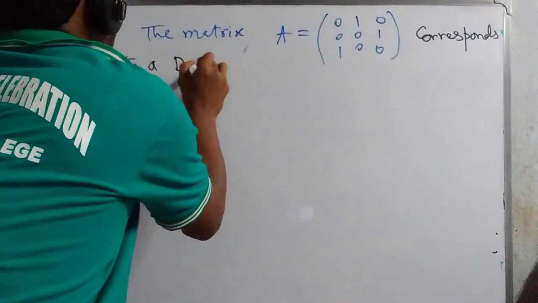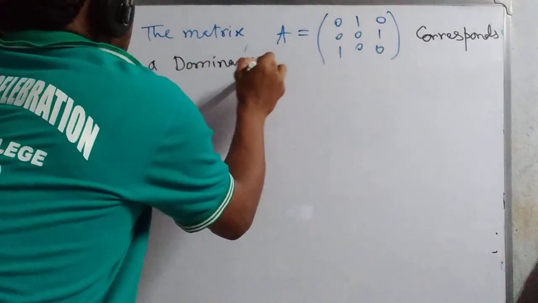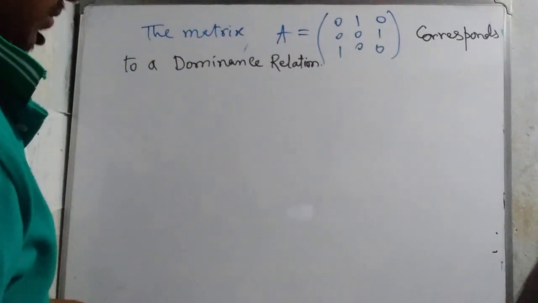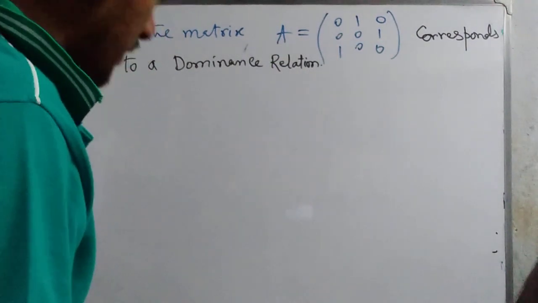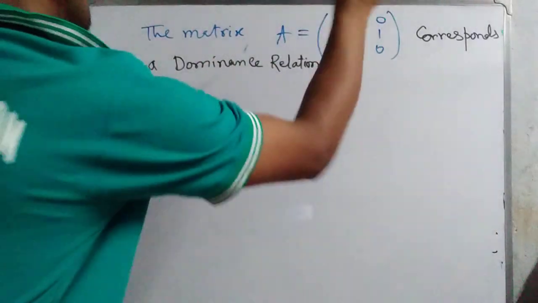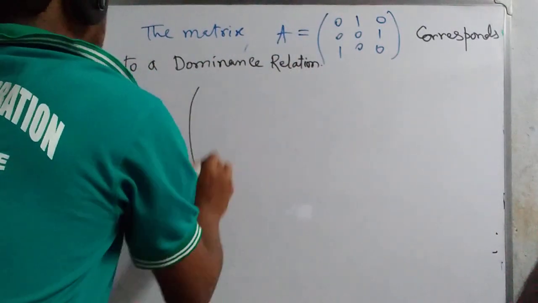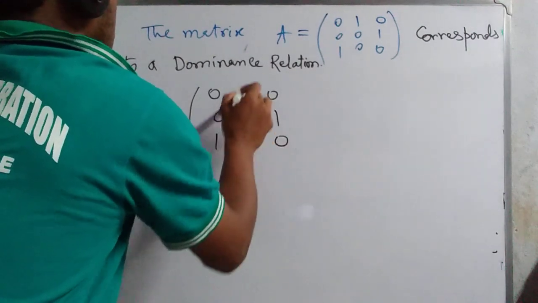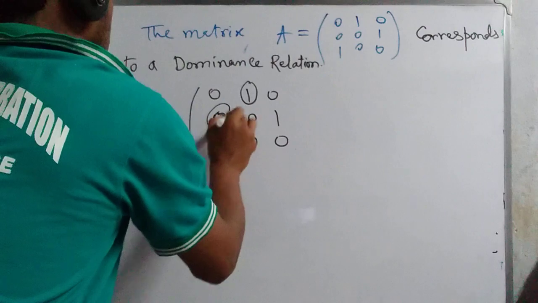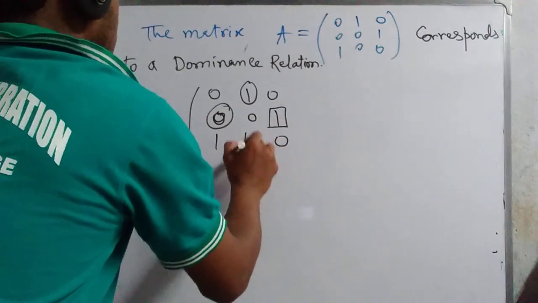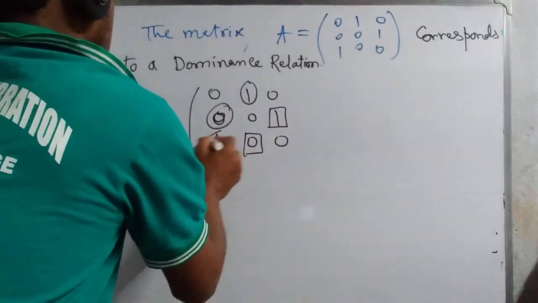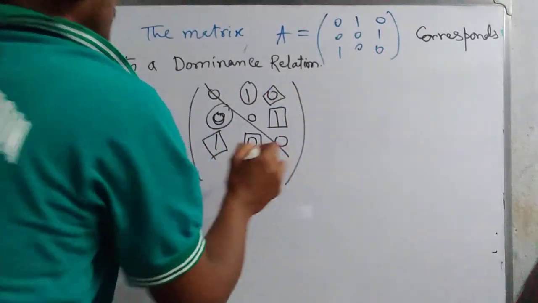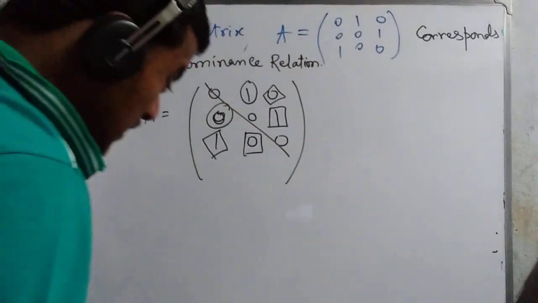How does this happen? We write A equal to 0 1 0; 0 0 1; 1 0 0, with the diagonal entries all 0. So this is a dominance relation.